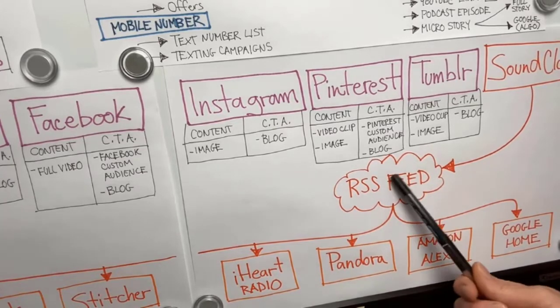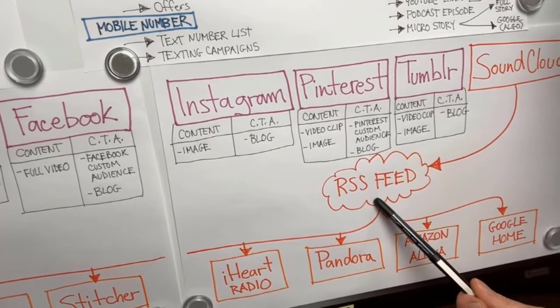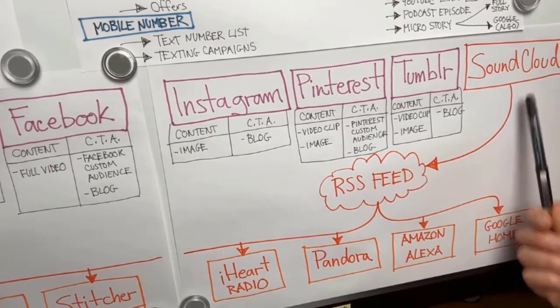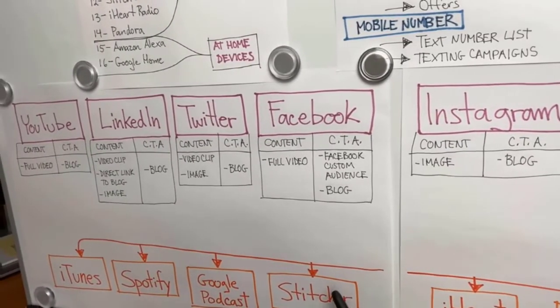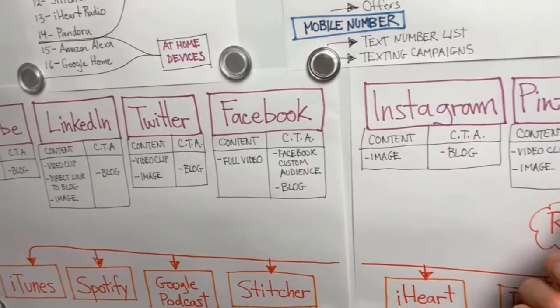This is all done by your RSS feed. So as you will see, when I upload my podcast episode to SoundCloud, it automatically goes to all of those podcast platforms. However, the social media platforms we have to do manually.